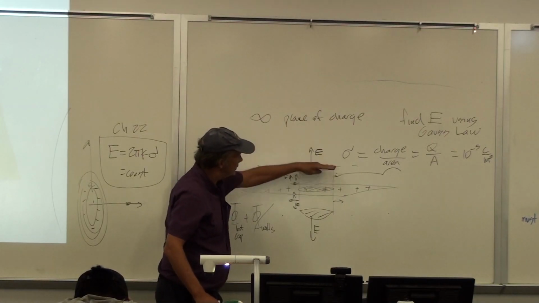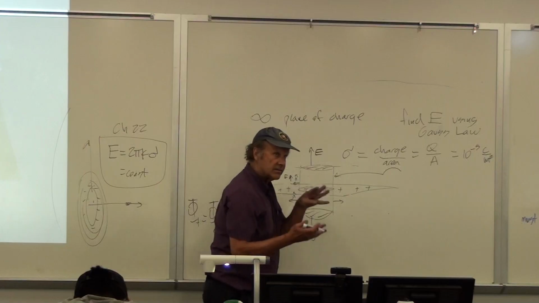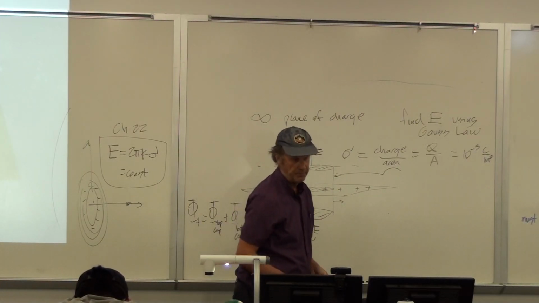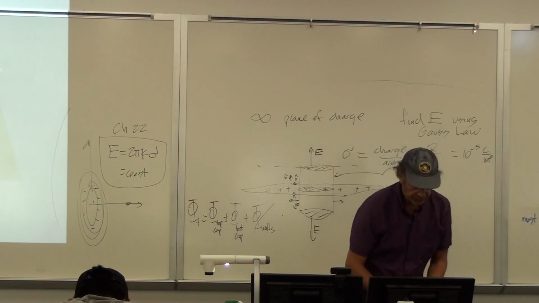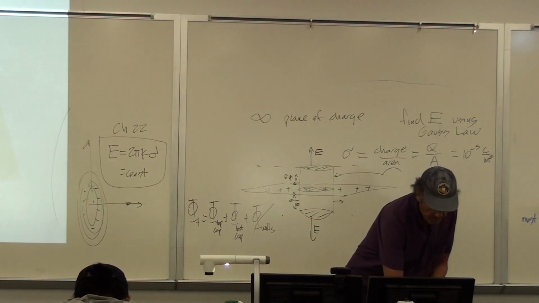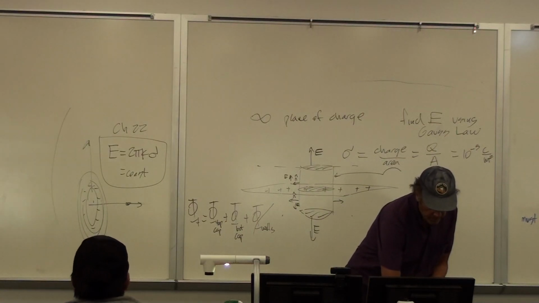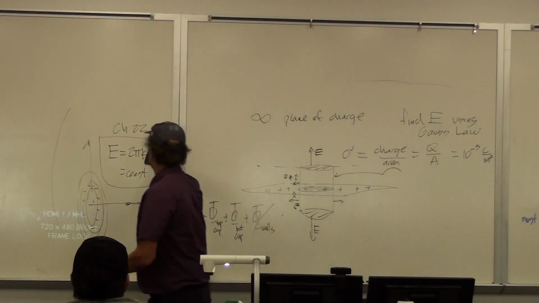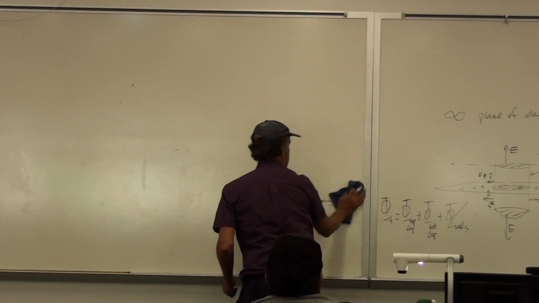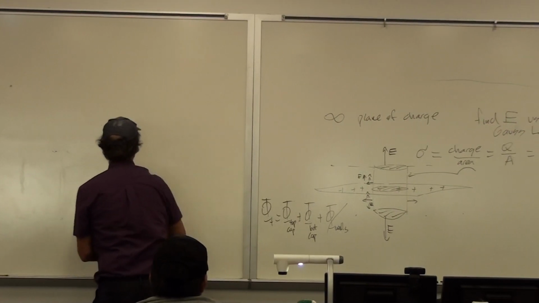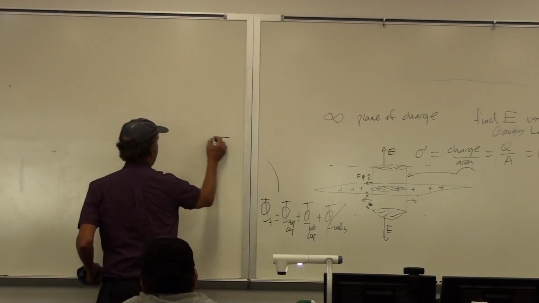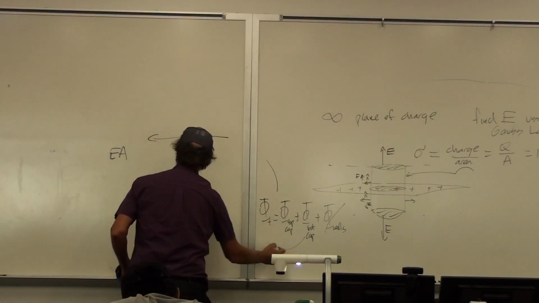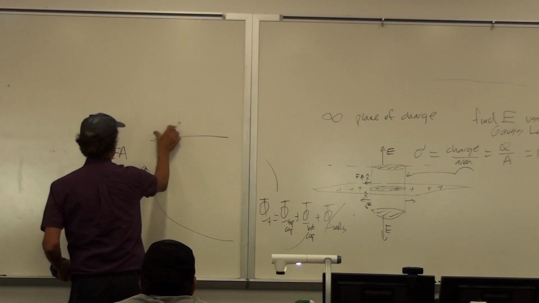They can only escape this way or that way, and so we're setting up a perimeter to count those electric field lines and see how they're escaping. And so for the top cap, it's just going to be EA. For the bottom cap, it would be EA.